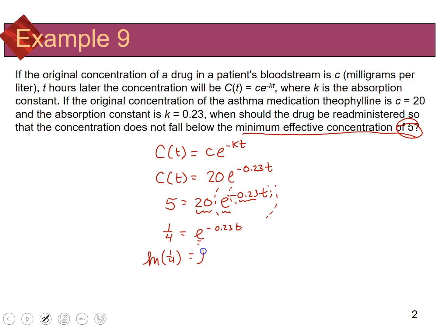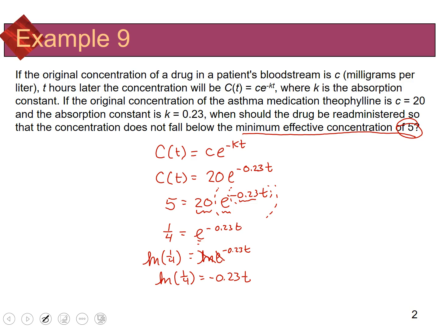When I natural log this side, since I have a log base e and an e right next to each other, these more or less cancel. And so the natural log of 1/4 is negative 0.23 times t. t is almost isolated.